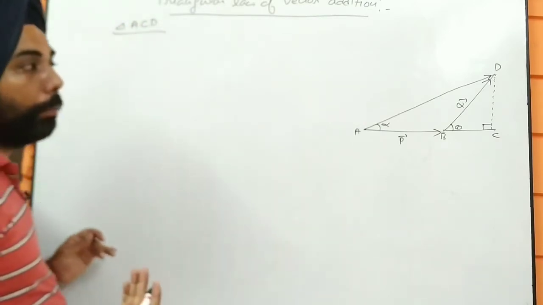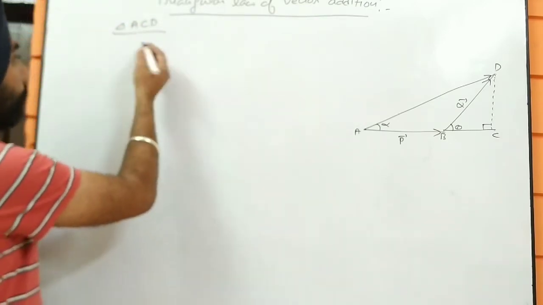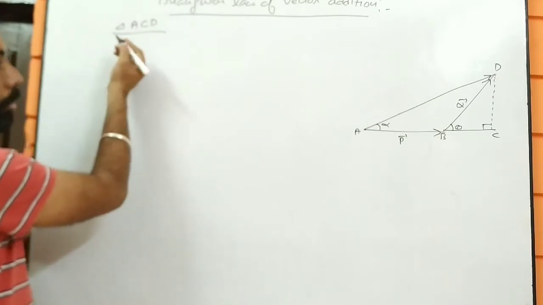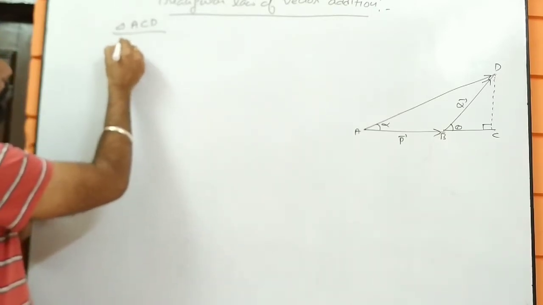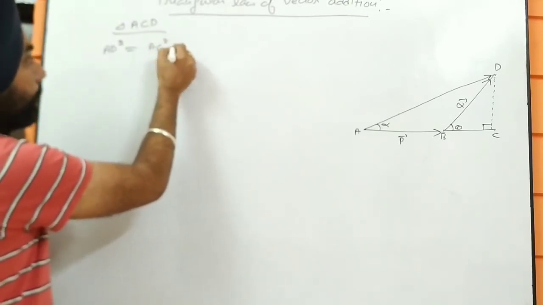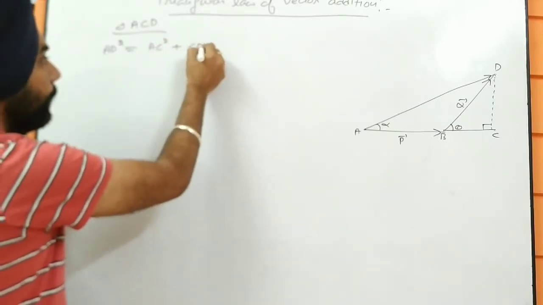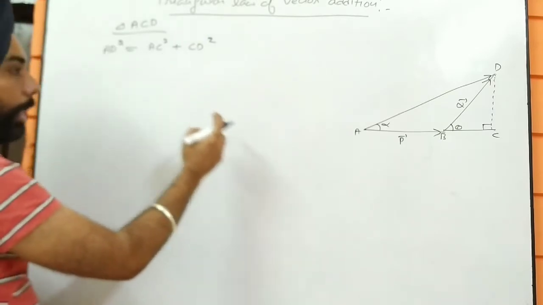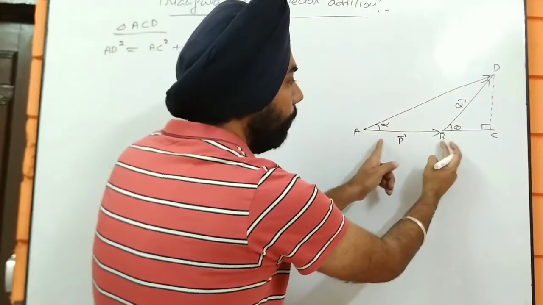I'm applying the Pythagoras theorem here. That is going to give you AD square is equal to AC square plus CD square. You know what AC is? AC is the sum of AB plus BC.